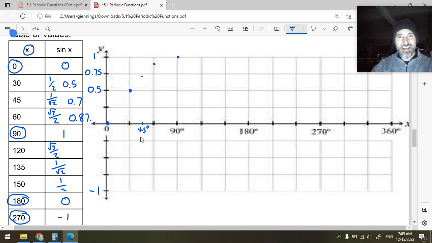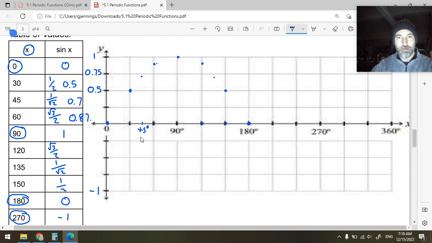And now 90, we're going to go out to 120. Here's 120 right here. And we are parallel with this one. And then we're going to go over to 135. We're going to grab this one. And 30 degrees, we're going to grab that one. All right. And then we're down here at 180.